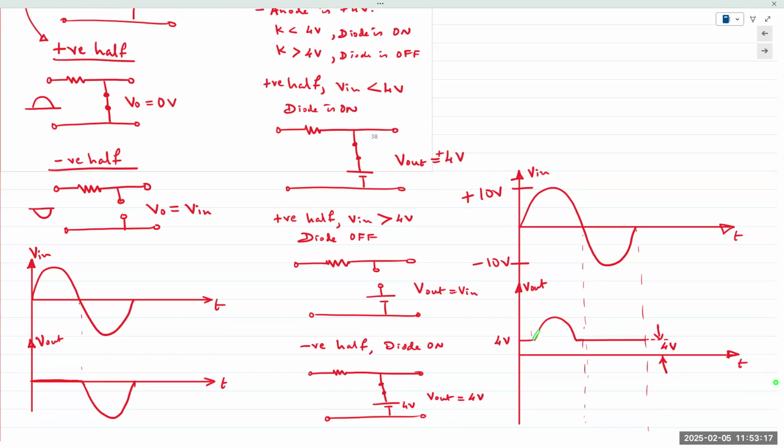And so you obtain V out equal to V in for that portion of the sine wave. Then the sine wave goes to 10 volts, starts dropping 10, 9, 8, 7, 6, 5, 4. And as soon as it drops below 4 volts, diode turns on again. Diode turns on, your battery is now connected to the output. And so again, it's a flat line.